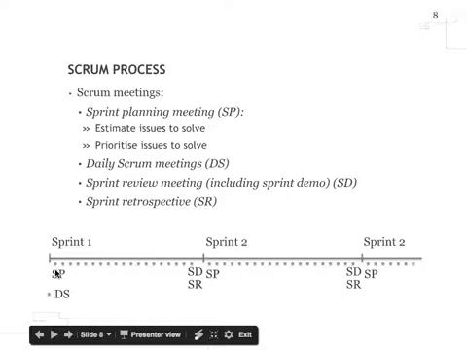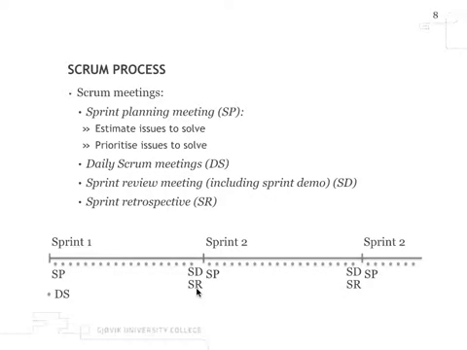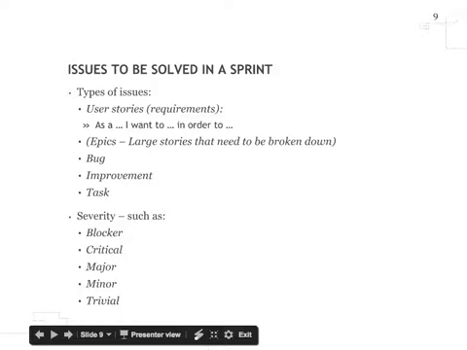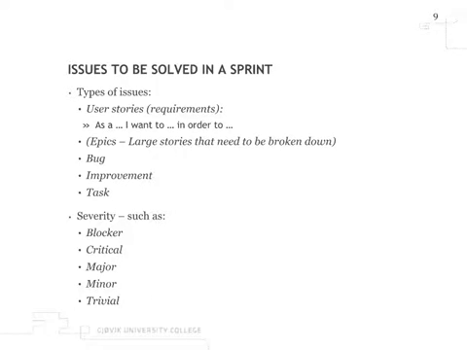Daily scrums through the whole sprint, planning meeting in the start, sprint review meeting in the end, and then a sprint retrospective as well. Typically, sprint review meeting and retrospective often is the same meeting. We will do that in this course.